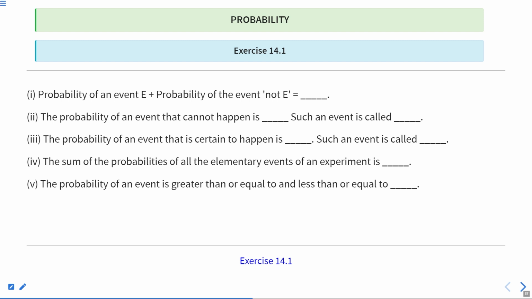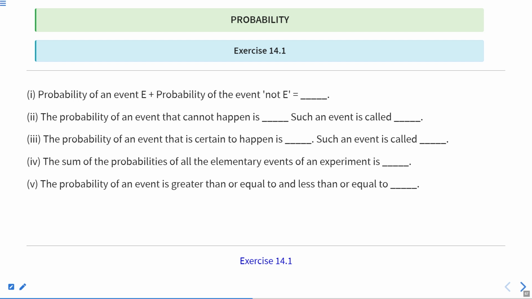In the second question, we have: the probability of an event that cannot happen is what, and such an event is called what? We have studied in our theory class that the probability of an event that cannot happen is 0, and such an event is called an impossible event.